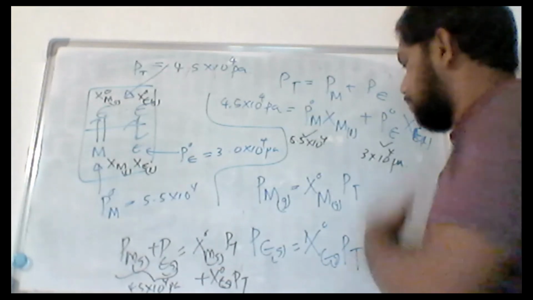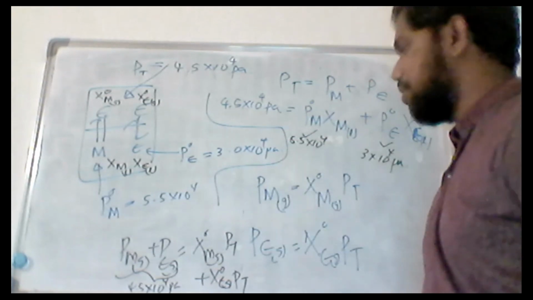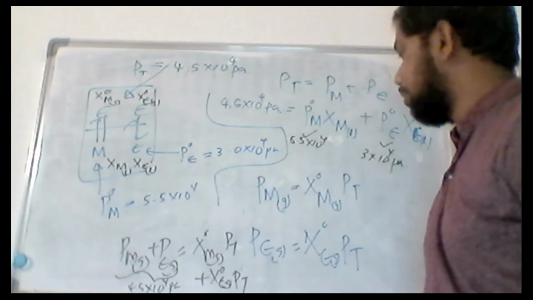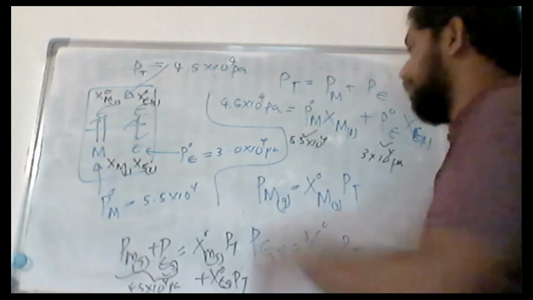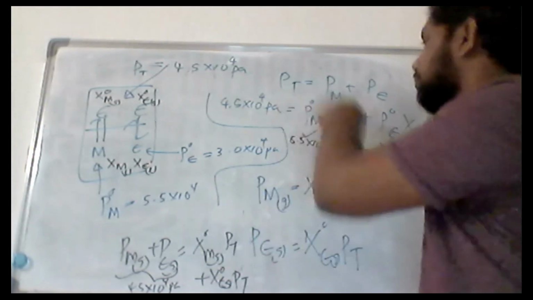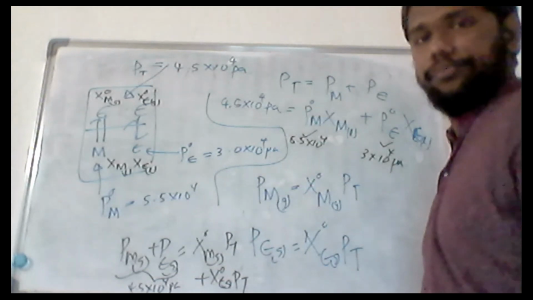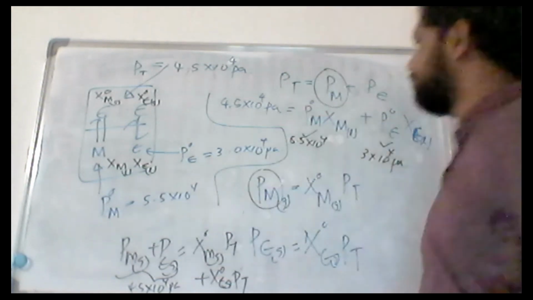But according to Dalton's law, partial pressure of PM is equal to PT times X naught M gas. So PM is this one. You see that? PM is this one.